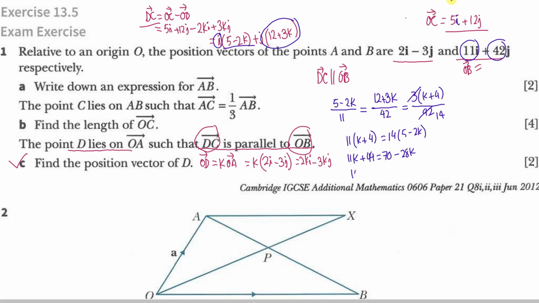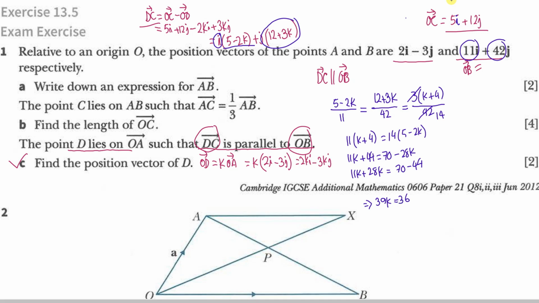So 11k plus 28k equals 70 minus 44, which gives 39k on the left side.